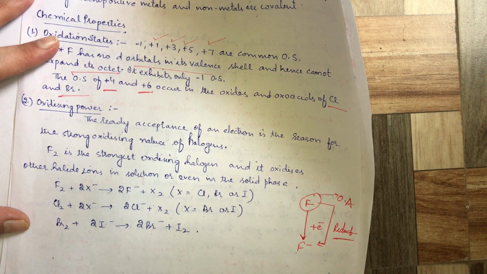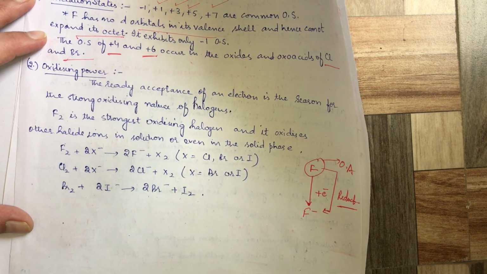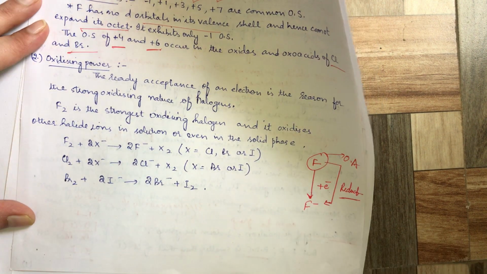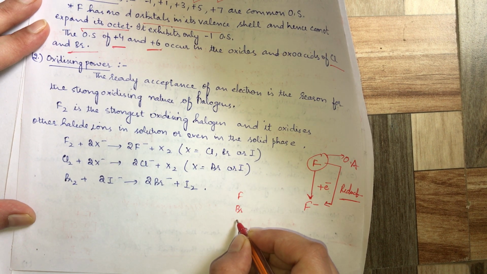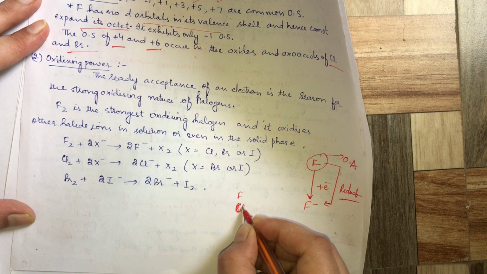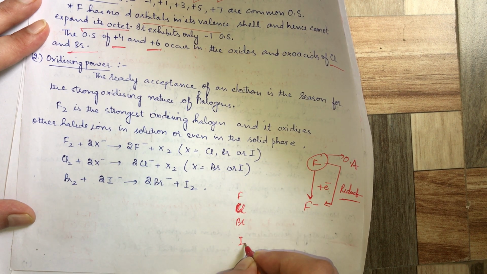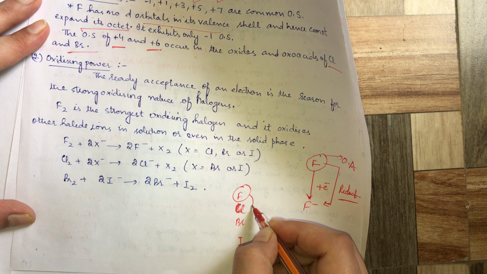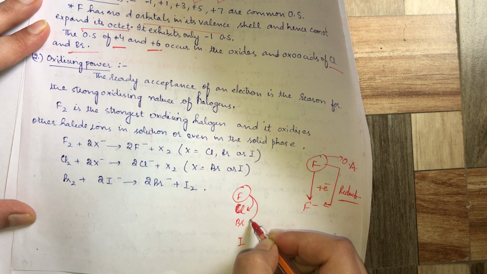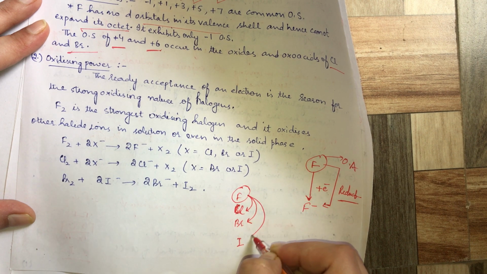phase. Right? So if I talk about fluorine, chlorine, bromine and iodine, fluorine will be able to reduce chlorine also, bromine also and iodine also.